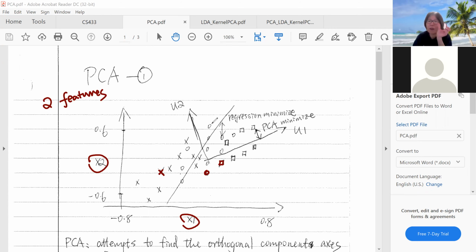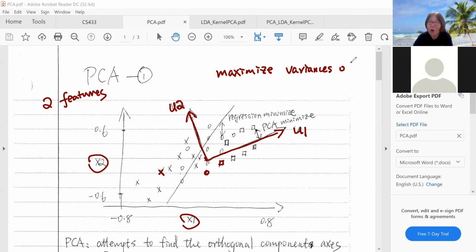Suppose you have a new coordinate system. We call it U1 and U2, so you transform your coordinate system. And our goal here is to maximize the variance of samples.